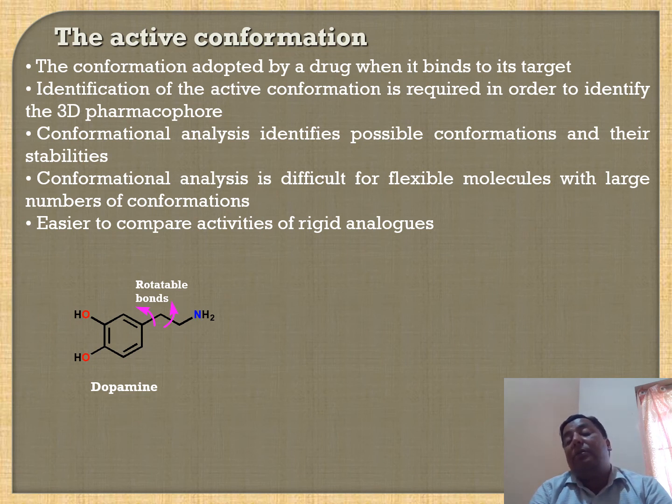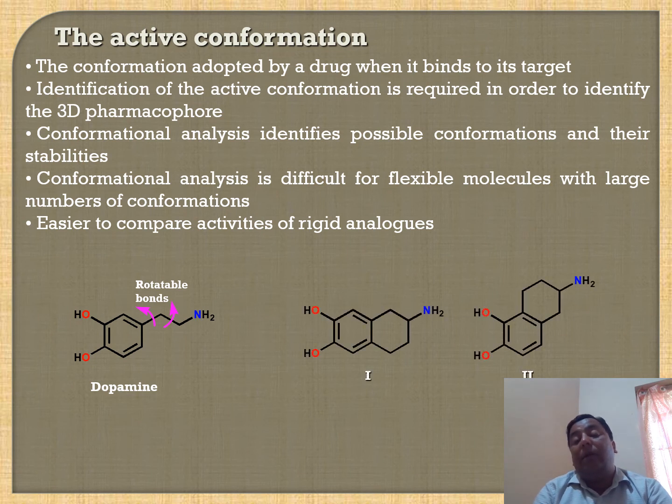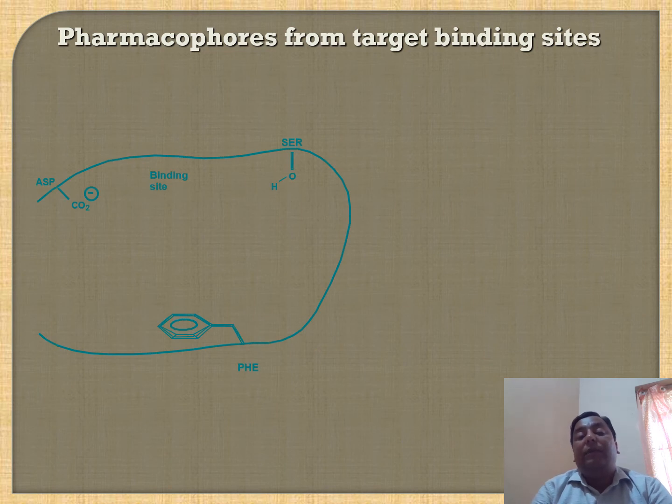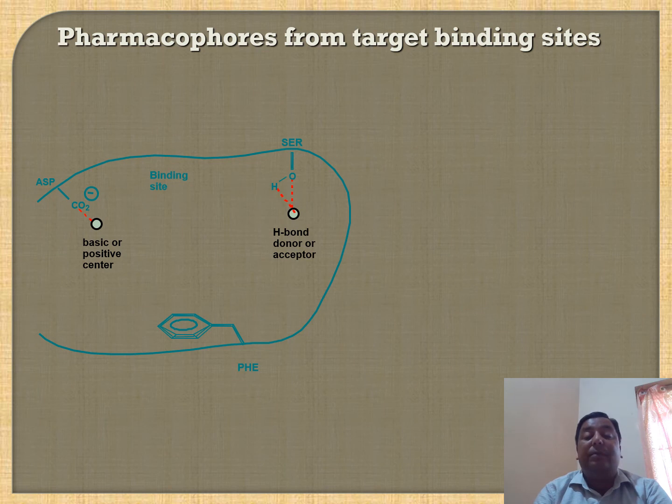So some bonds will be locked bonds, rather than rotatable bonds. If it's locked, then how do we analyze these things? A locked bond will be rigid, so its conformations will be fewer than in flexible compounds. So here we can say that the pharmacophore from the target binding site has basic positive centers, a number of basic atoms, a number of acidic atoms, right?